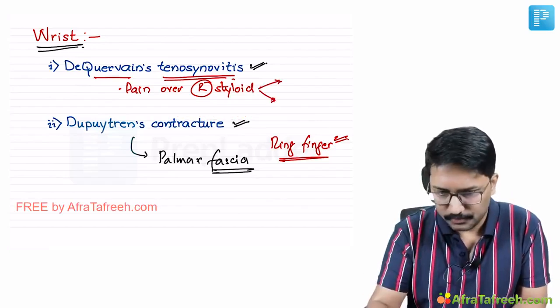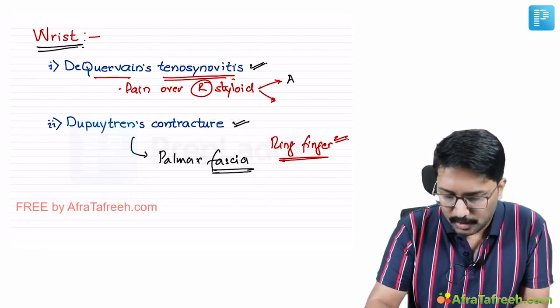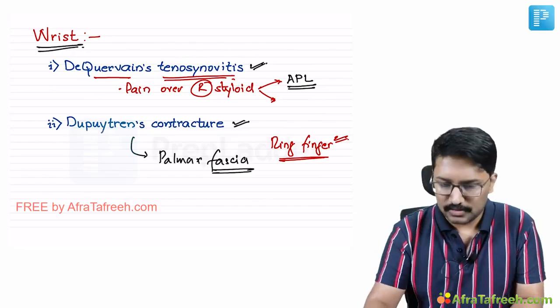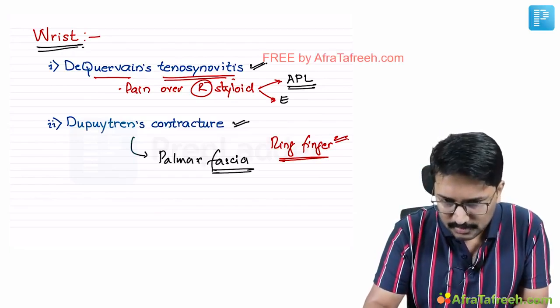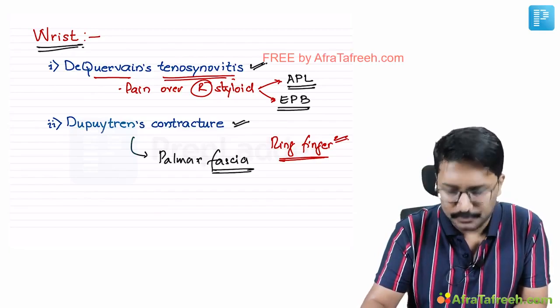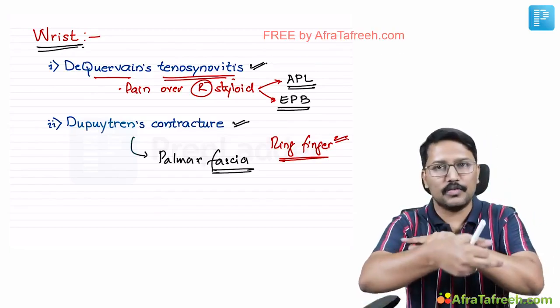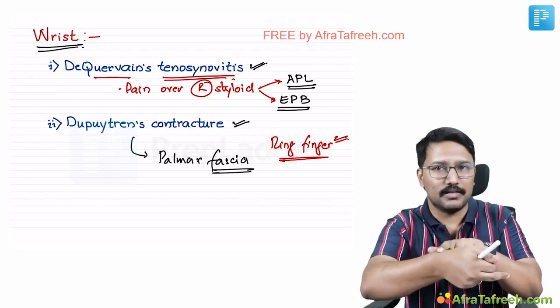One is abductor pollicis longus, APL. The second one is extensor pollicis brevis, EPB. These are the two tendons which pass over your radial styloid process.